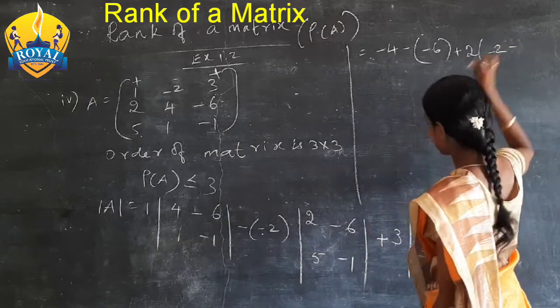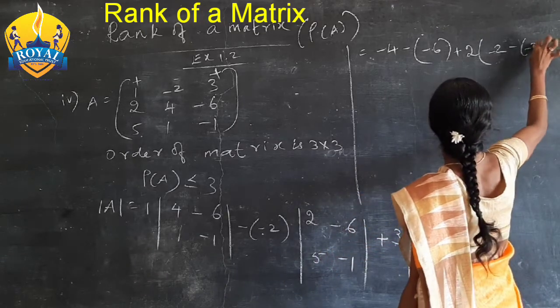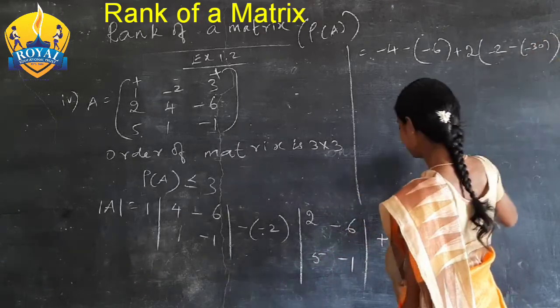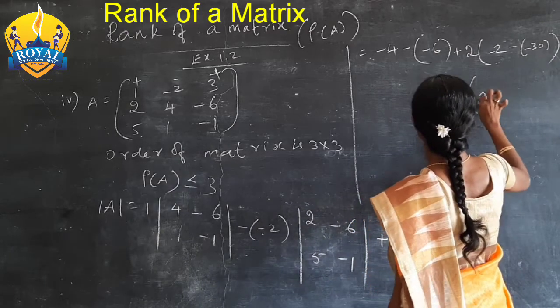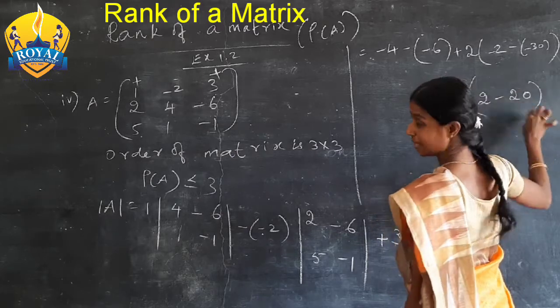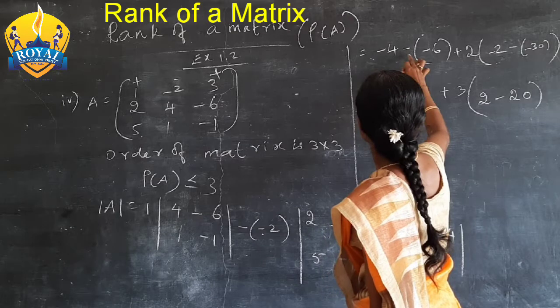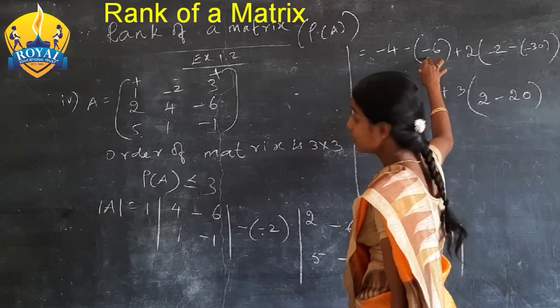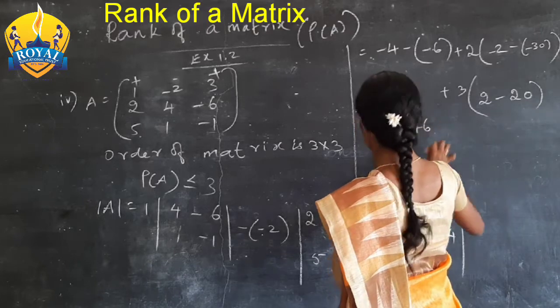Reverse order, negative 5 into minus 6, minus 30. So plus 3 into 2 ones are 2, minus 5 fours are 20. Minus 4, minus of minus 6, so minus 4 plus 6.